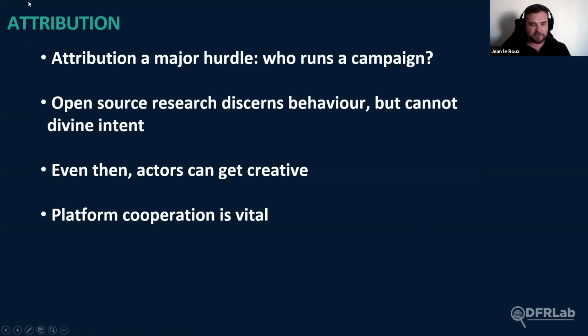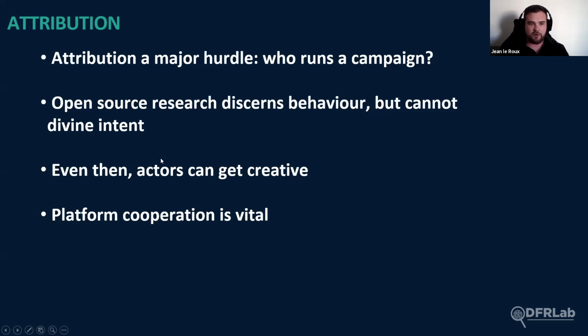One of the biggest hurdles that we often find, and that's the crux of this investigation, was attributing a specific account to a specific individual. And you can expand this to larger disinformation campaigns as well. So what you'll find is you'll find an account or you'll find a campaign, but it's difficult to pin that on a specific individual.